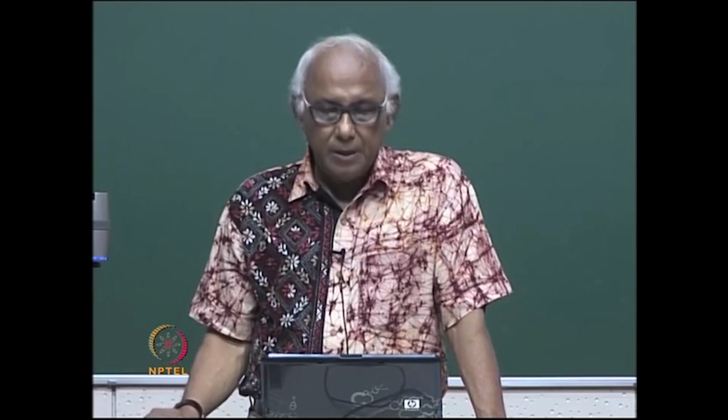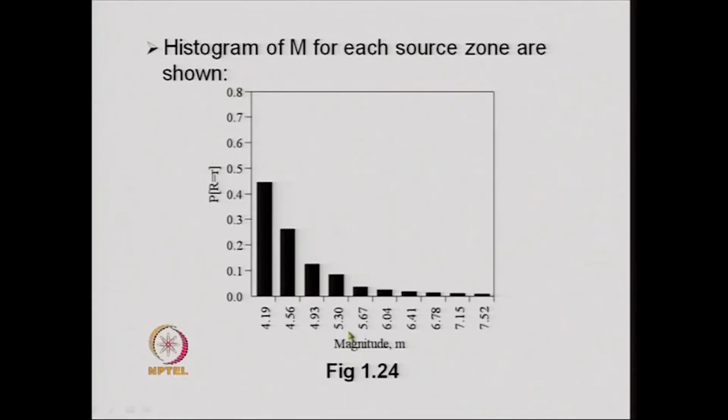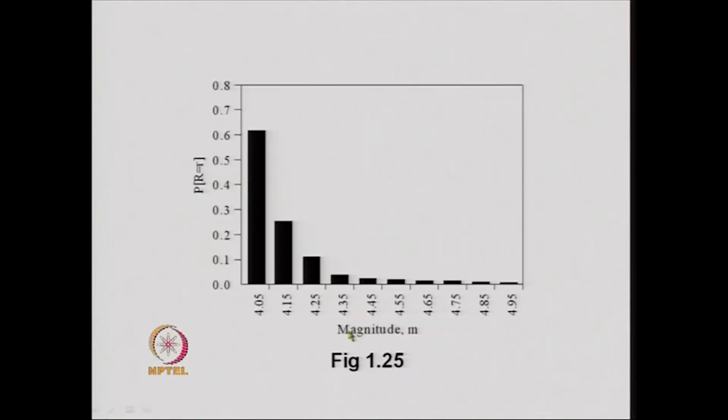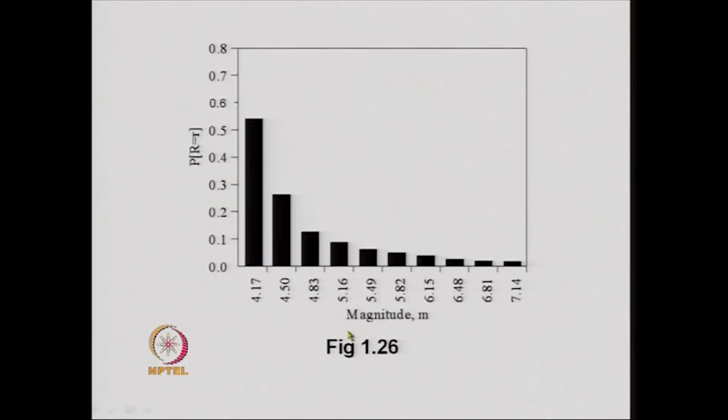So the probability of occurrence of that magnitude of earthquake can be obtained for source 1, source 2 and source 3. For all the three sources, one can have this probability of occurrence of the magnitude of a certain earthquake.